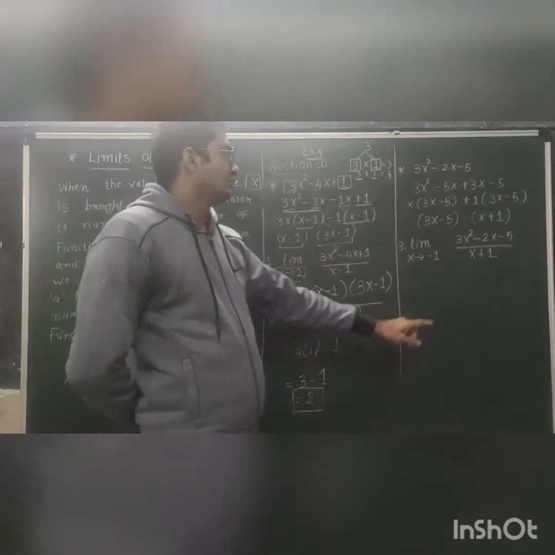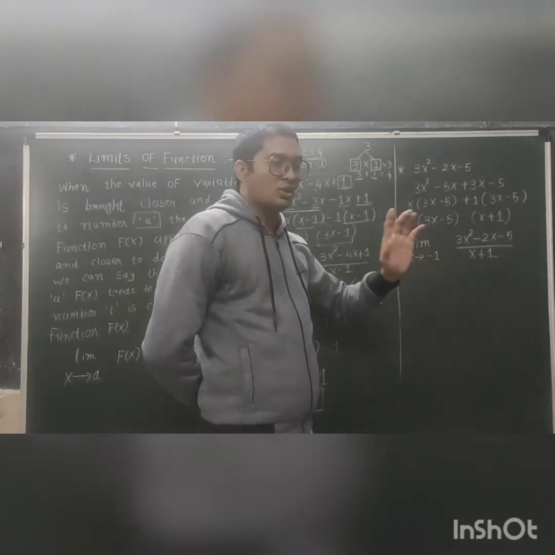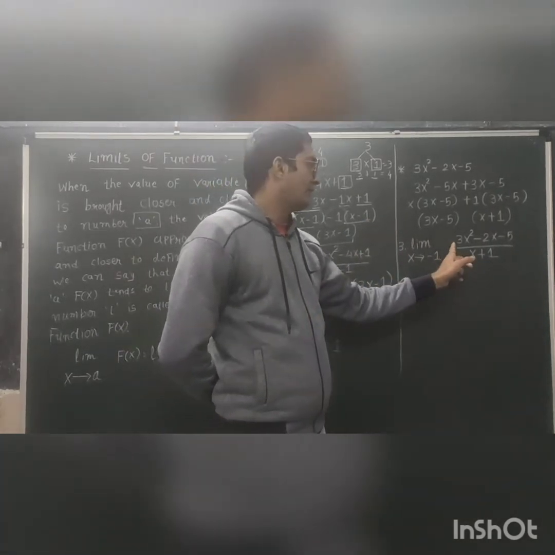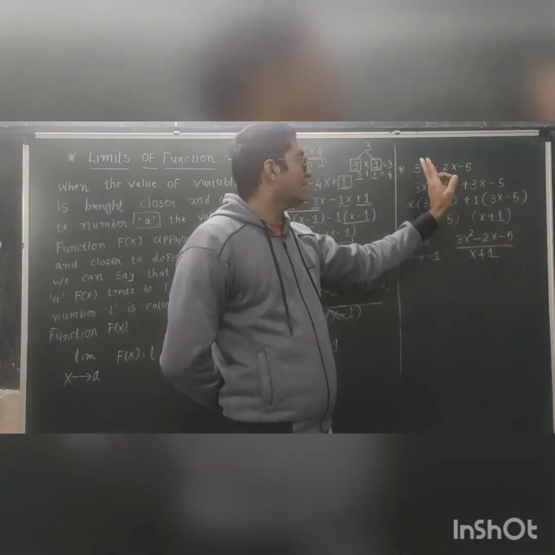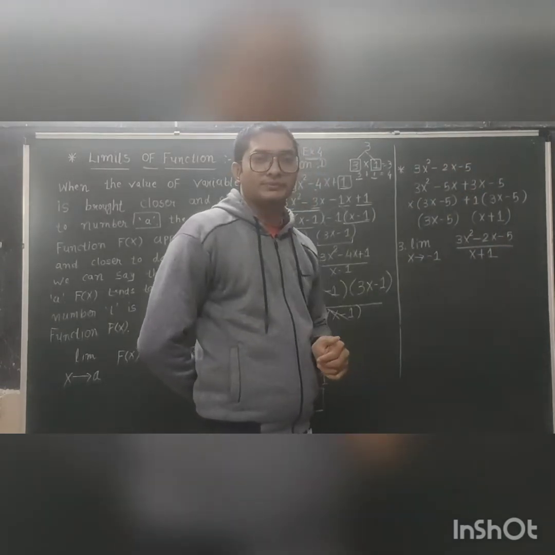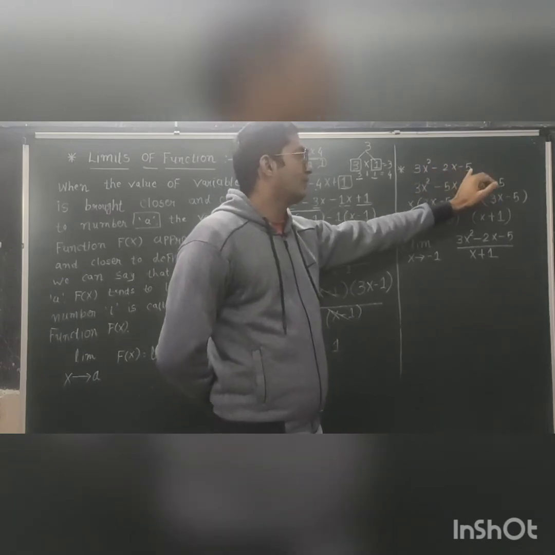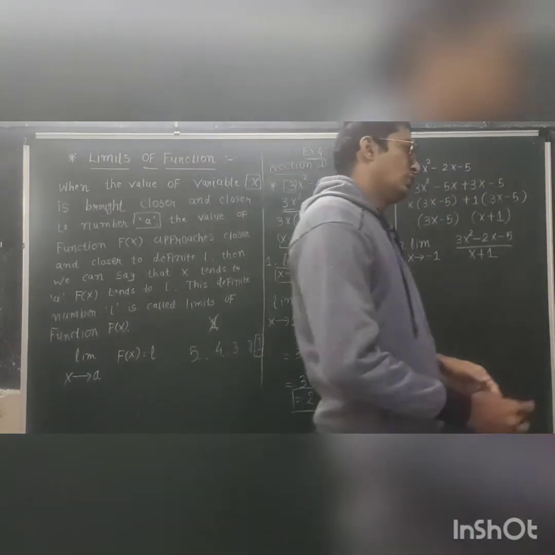So there is no factorization of x plus 1, but yes, there is factorization of 3x square minus 2x minus 5. The multiplication of these two, 3 and 5, is 15.